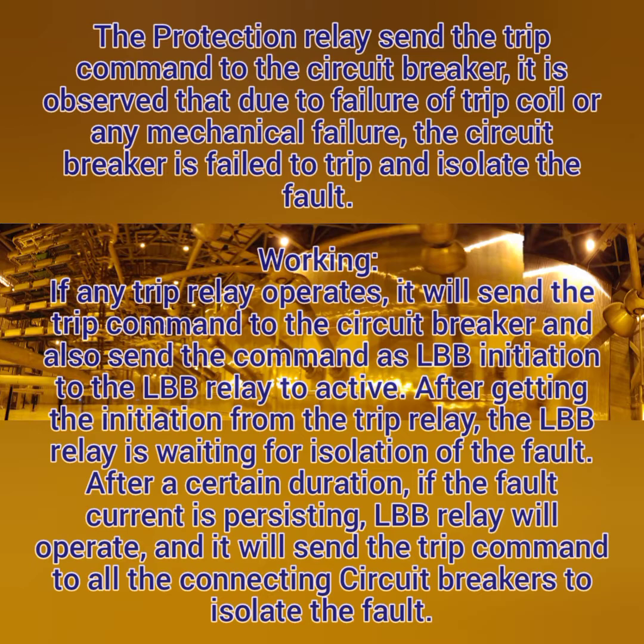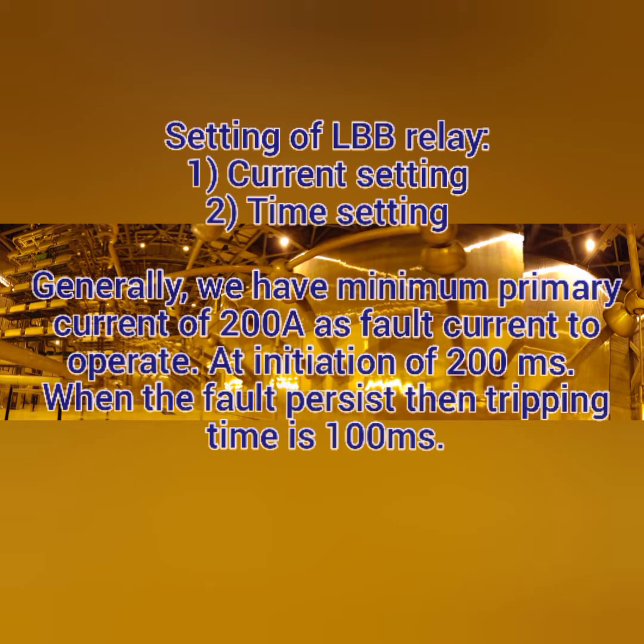If the breaker is opened, the current will no longer be sensed by your LBB initiating relay, so the initiation will automatically reset. If the current is persisting, we have a minimum time setting at the time of initiation. For 200 amps of current, we have a 200 millisecond initiation time.